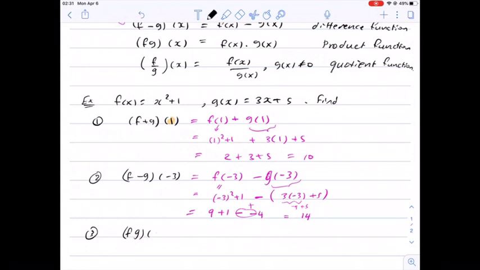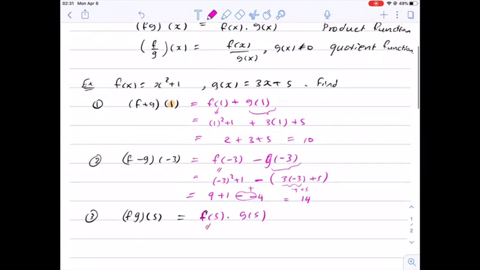Now if we ask you to find f times g of x or of 5, let's substitute 5. So this is f of 5 times g of 5.